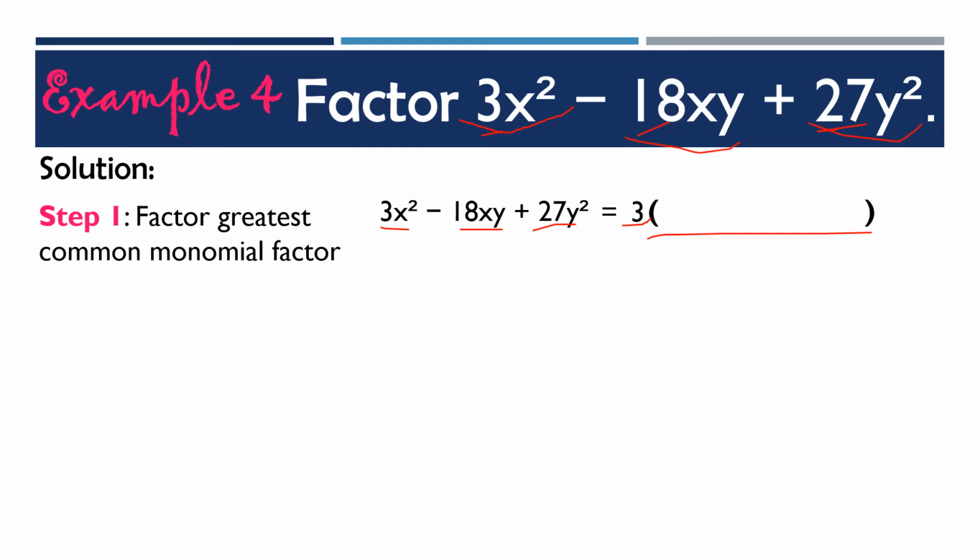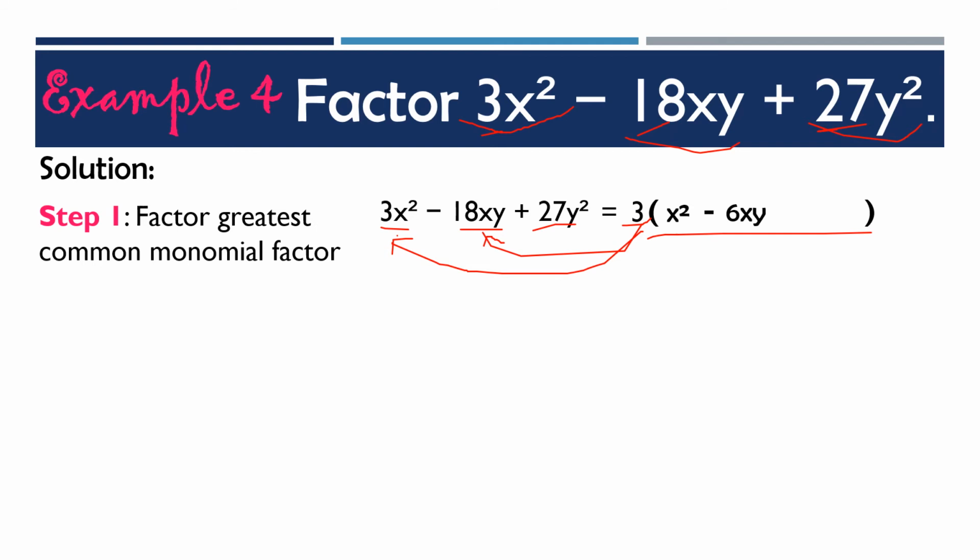Let's try. So 3x squared divided by 3 is equal to x squared. Copy the operation minus, and then 18xy divided by 3. That would be 6xy.